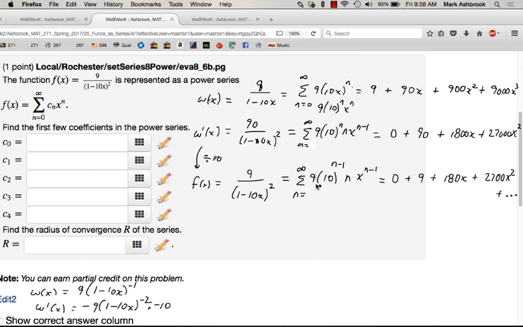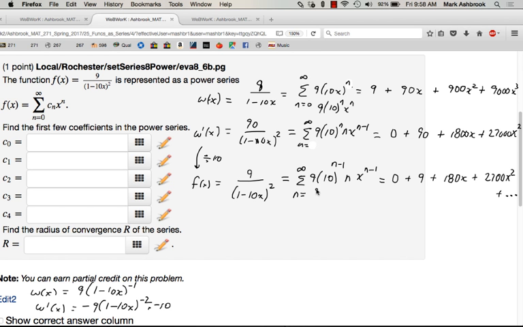Yeah, it kind of doesn't matter, right? If we start at n equals 0, there's an n, and so it goes away, and then there's our 0. And then when we plug in n equals 1, what do we get? 9 times 10 to the 0 times 1 times x to the 0. And does that equal 9? 9 times 10 to the 0 is 1 times 1 times 1. That gives us 9.